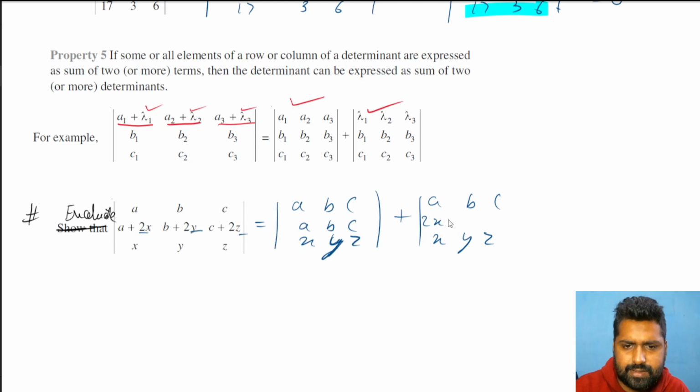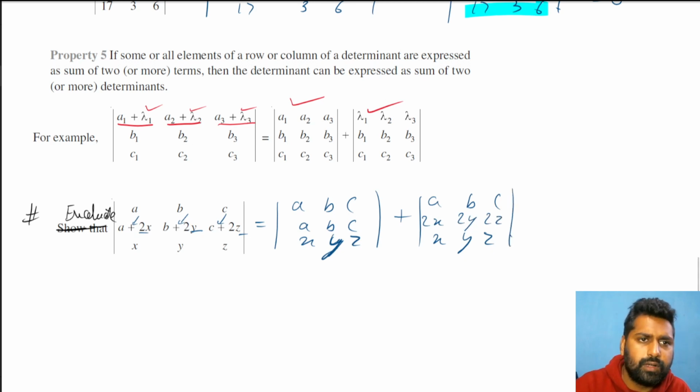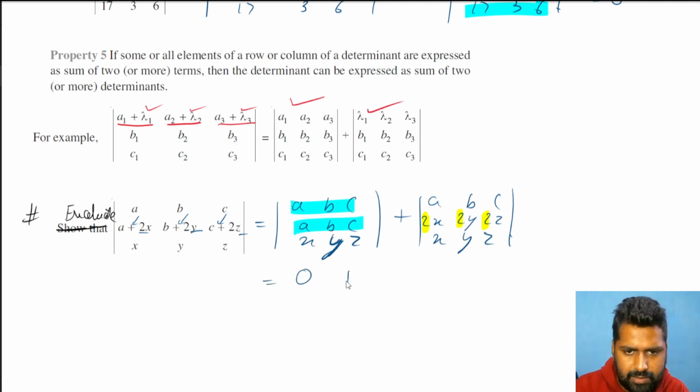Okay, that is about breaking this determinant in two parts about this addition. 2 is common, I can take it outside. And you can also see these two rows are the same. So determinant 0 plus 2 times ABC XYZ XYZ.